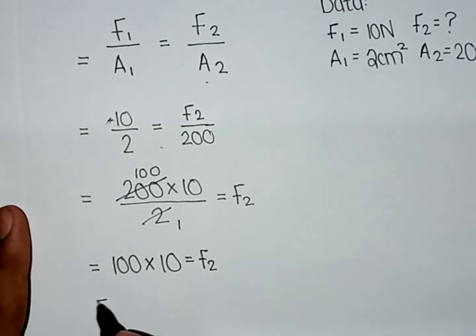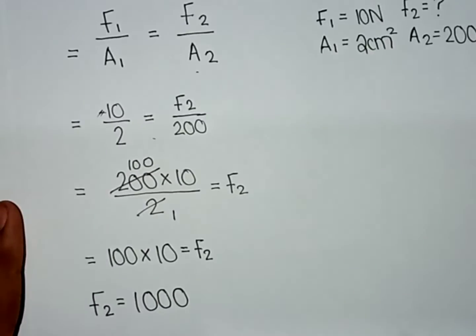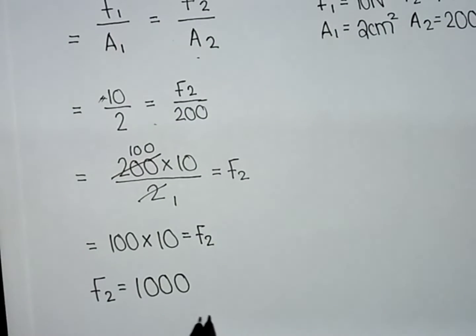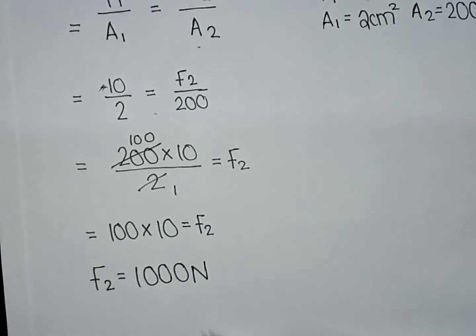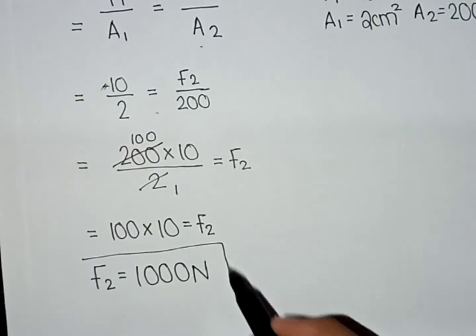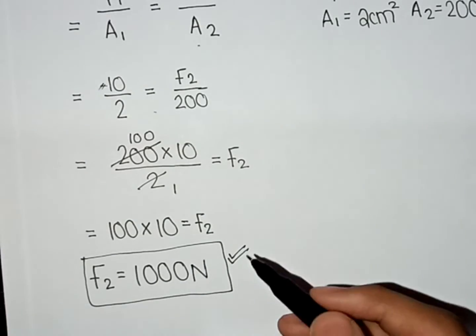The answer will become 1000. Something is missing? Obviously, as I have told you about force, the SI unit of force is always newton. Now the answer is completed, and I am hoping to get the full marks, which I will.